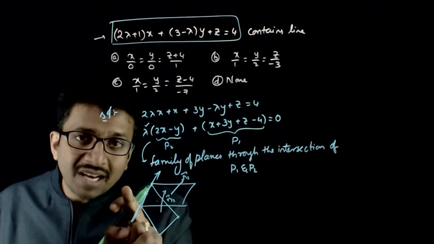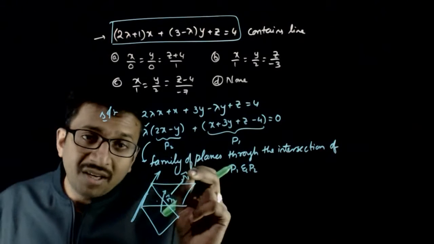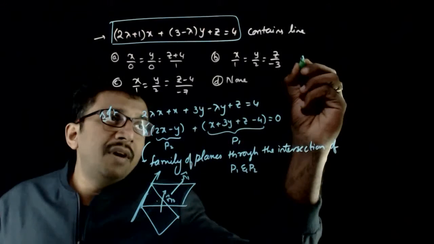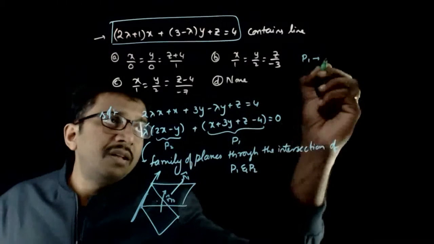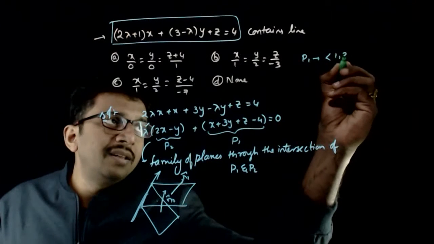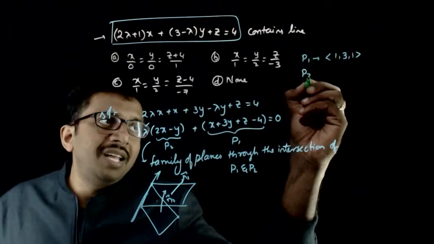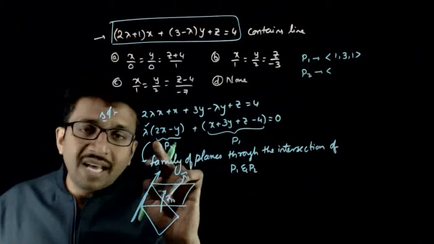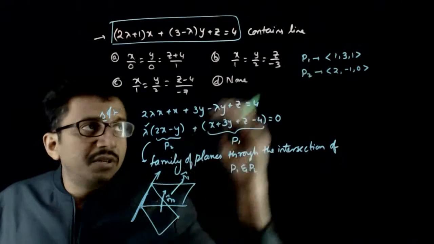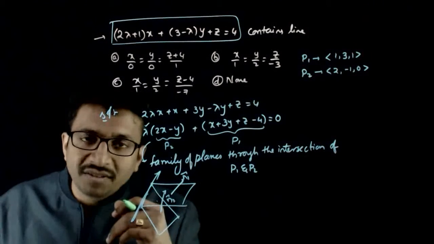So the DRs of this line should be perpendicular to the DRs of n1 as well as n2. Now if you take P1, what are the DRs of the normal? The DRs of the normal are nothing but the coefficients of x, y, z, that is 1, 3, 1. What are the DRs of P2? DRs of P2 are 2, −1, 0.